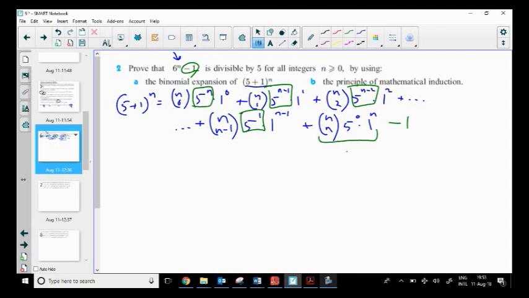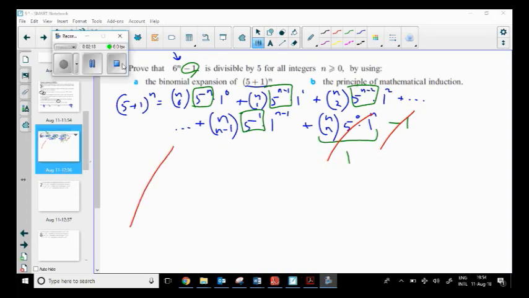Isn't this term equal to 1? Because n choose n is always 1, 5 to the 0 is 1, and 1 to the n will also be 1, since n is greater than or equal to 0. So those two terms are actually just going to cancel each other out, and I'm left with a series of terms, all of which have a factor of 5. So yes, 6 to the power of n minus 1 is definitely divisible by 5.